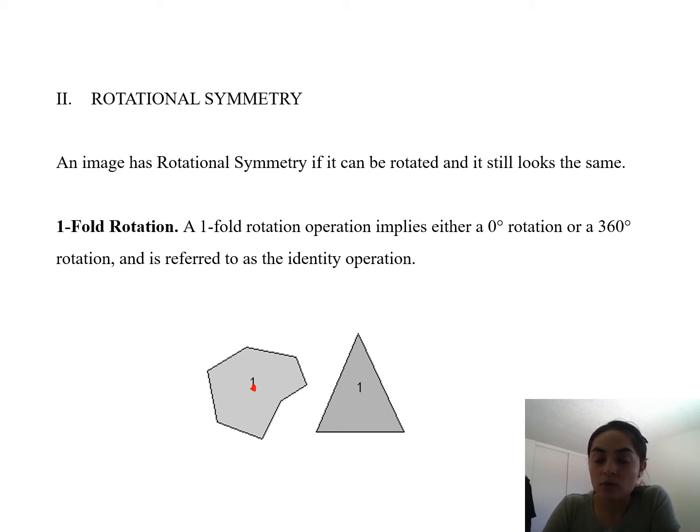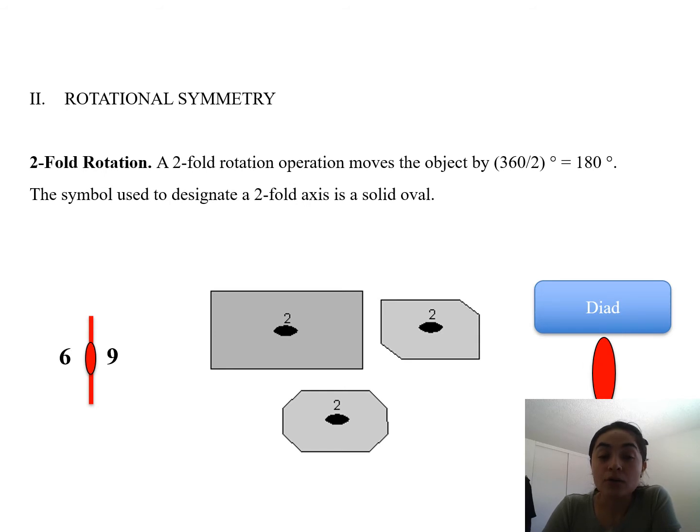Now, other types of rotational symmetry are twofold rotation, which would be shapes like a rectangle or this elongated hexagonal shape, and it's often characterized by this oval shape and known as a dyad. So in a rectangle, if we rotate it about its central axis here, in order to get the exact same image, we would have to rotate 180 degrees.